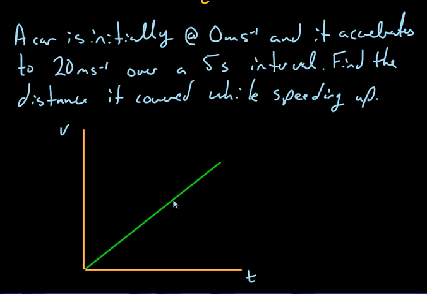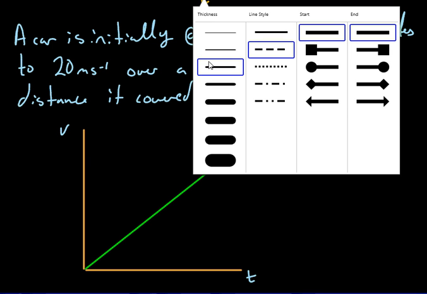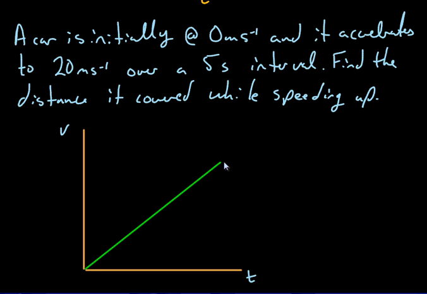So let's think a little bit about what we're dealing with here. We're going to put in some little guidelines to help us think about this problem. I'll put that in there, and I'm going to put this in here. And let's fill in some values.